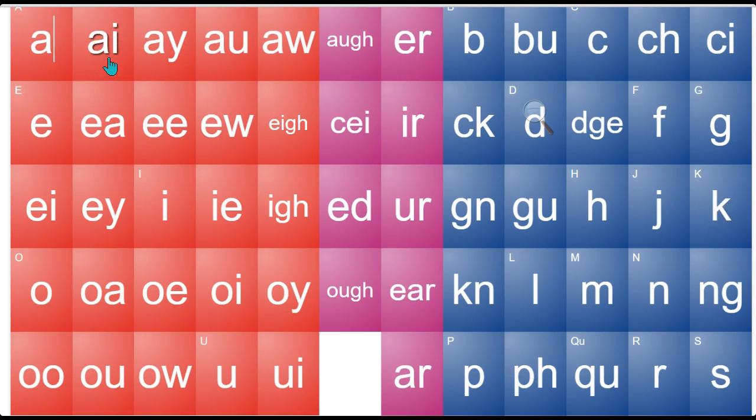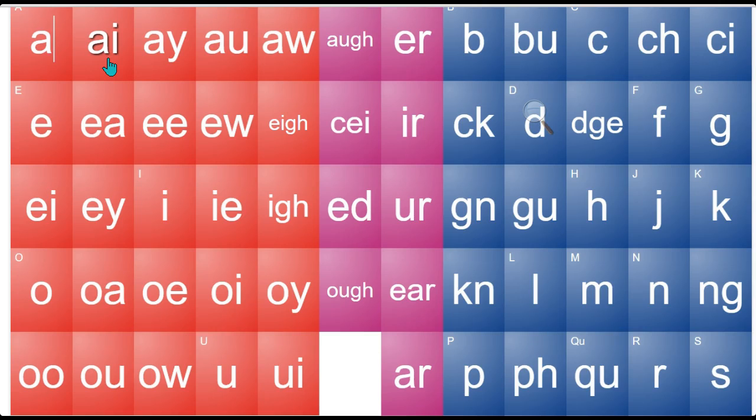The next one is AI. Now, without this training and what you have learned before, you would probably say I, which would be true in Spanish. But that is only a picture of one single sound.